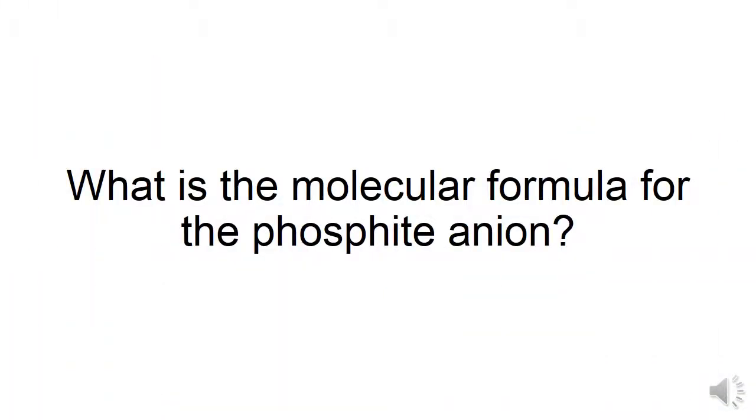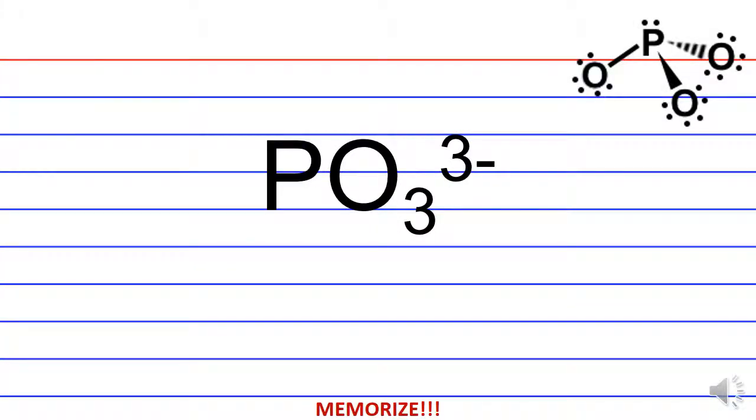What is the molecular formula for the phosphite anion? All right, so the molecular formula is PO3. Phosphite has 3 oxygens. The overall charge on the molecule is -3, or 3 negative.